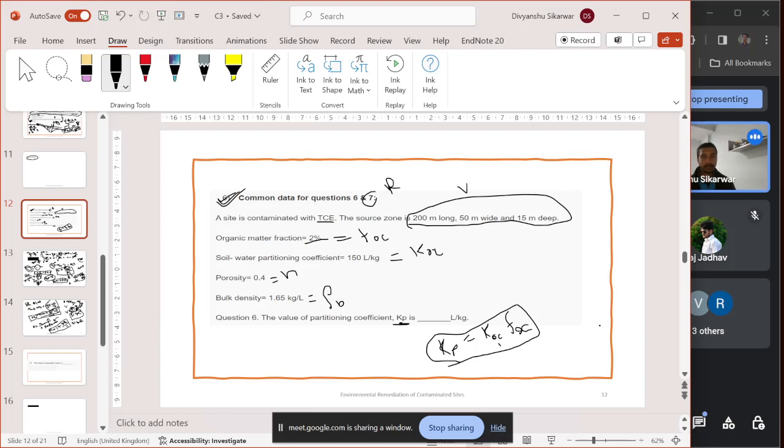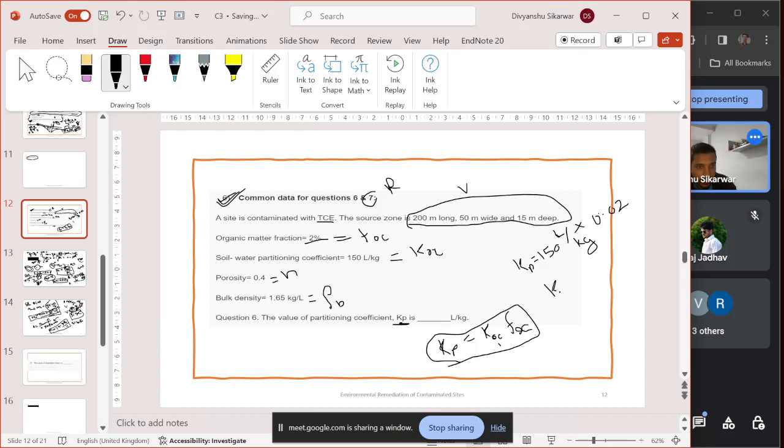Did you get the Kp value? Kp is equal to KOC, which is 150 liter per kg, into FOC, which will be 2%, that is 0.02.